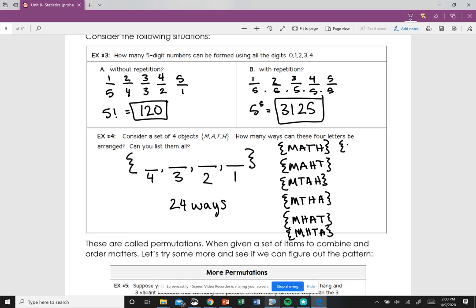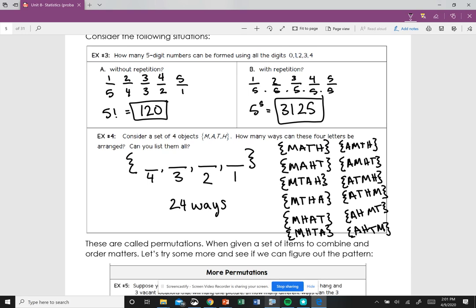All right, let's try this one. So we would do A-M-T-H, A-M-H-T, A-T-M-H, A-T-H-M, and then A-H-M-T, and then A-H-T-M.